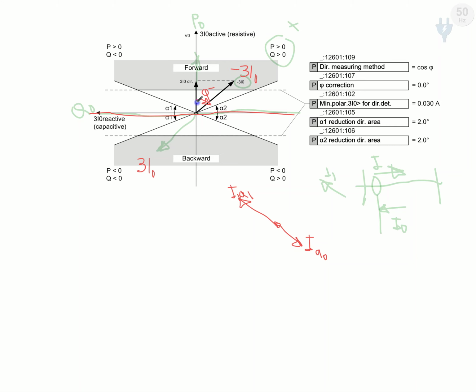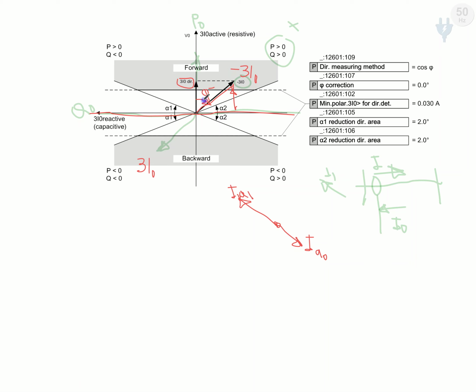Which value of this current, this I0, do we need? We need this perpendicular part, this vertical component, the component which coincides with the V0 axis. So this is 3I0 directional.